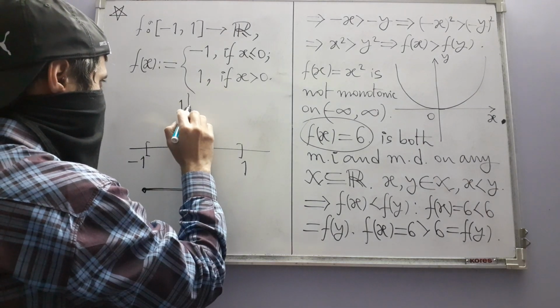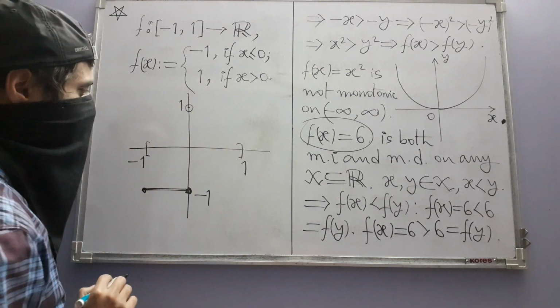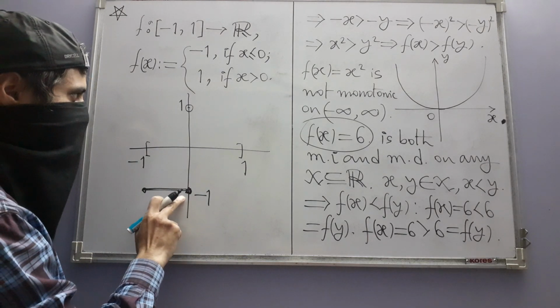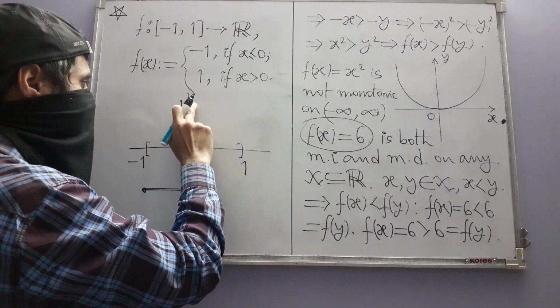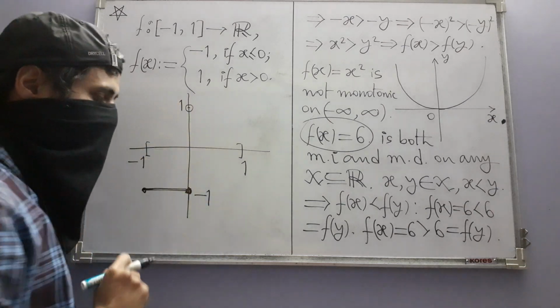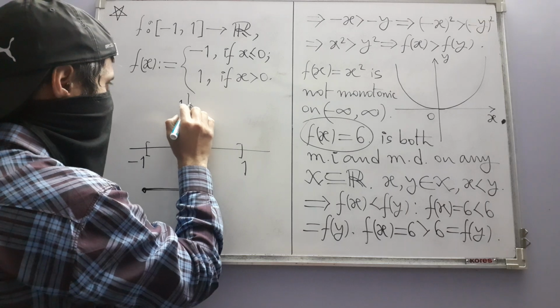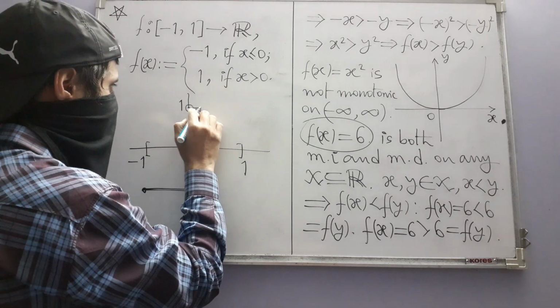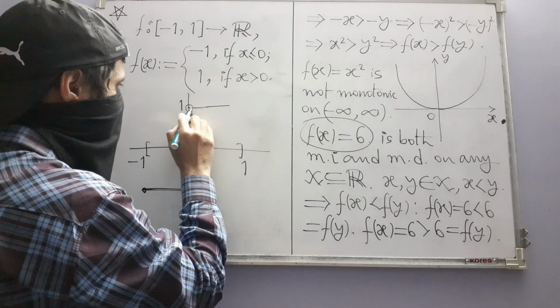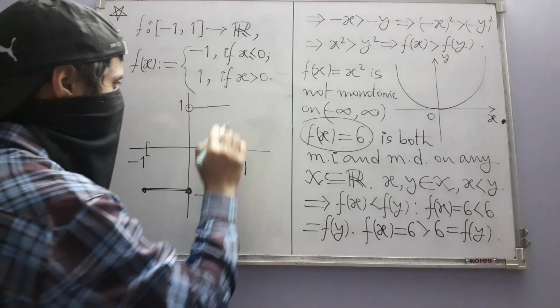However, this part does not touch the y-axis, unlike this part. So that's why we are drawing that. This is how we usually draw such figures: that small white circle, in order to keep this part from touching the y-axis.